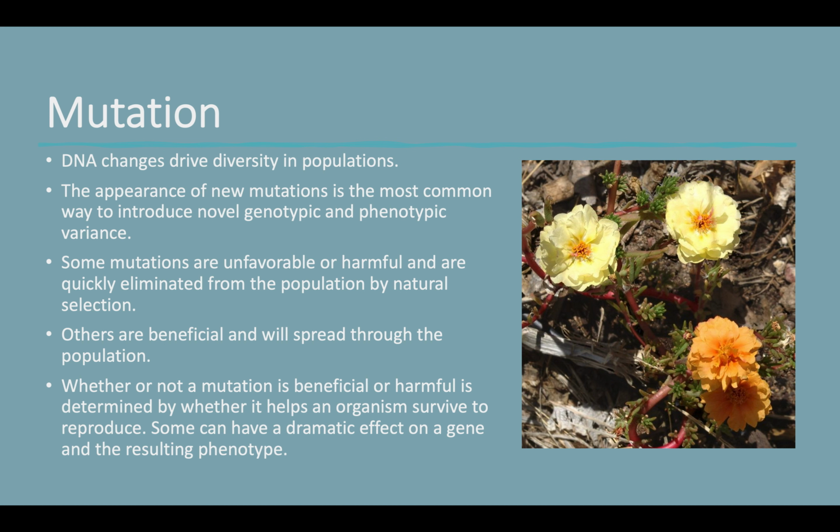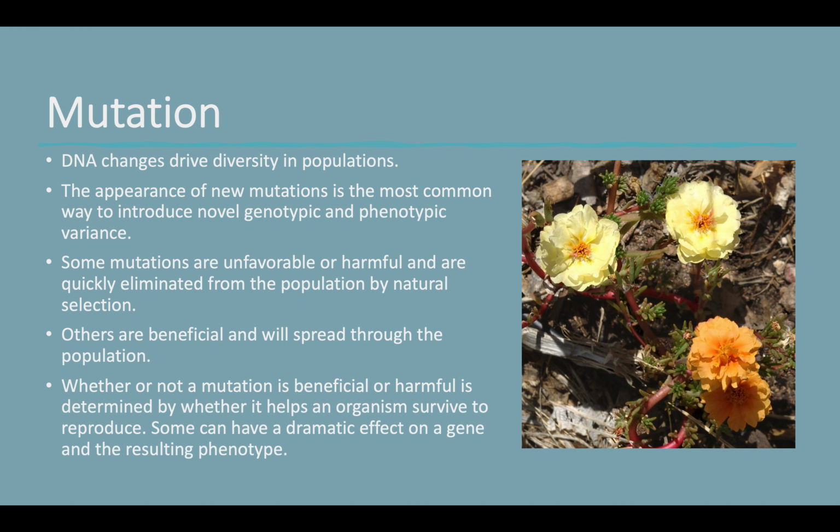So some mutations are unfavorable or harmful. They're quickly eliminated from the population by natural selection, which we've also previously talked about. So basically natural selection and evolution, they don't get to choose anything. Everything is random, right?